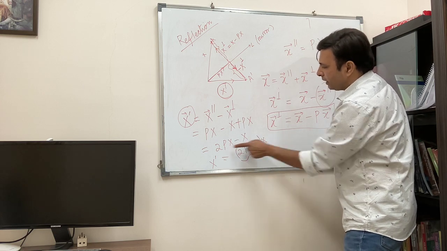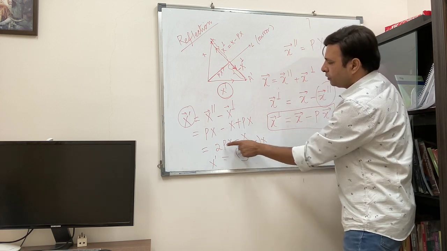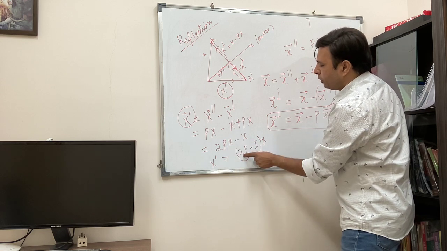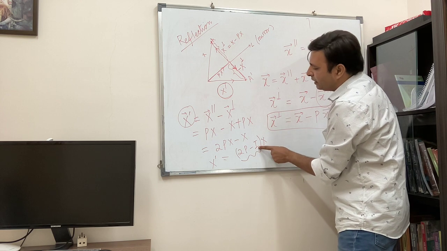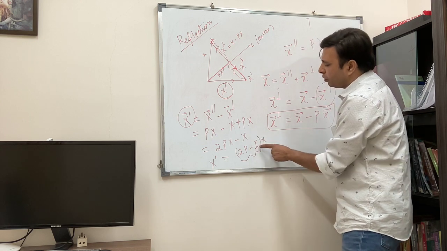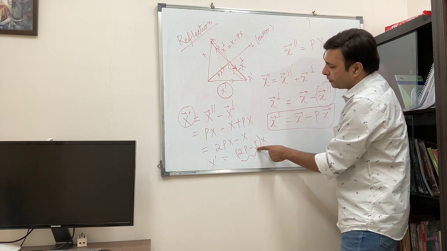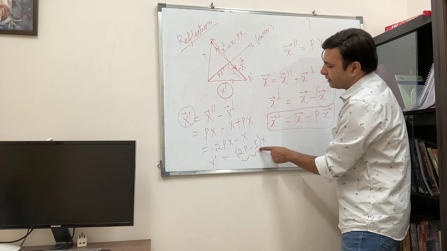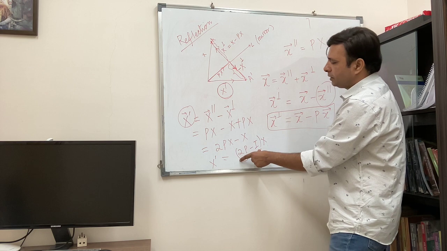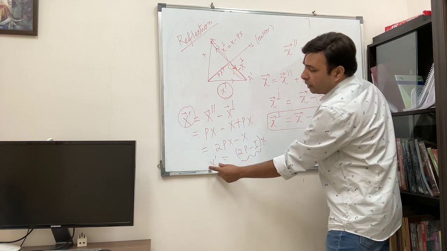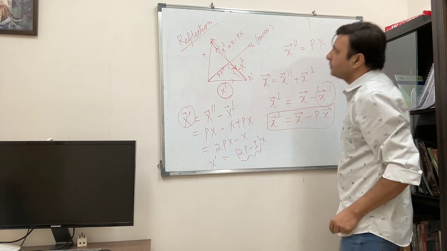And if I want to take x common between this and this, it will be 2p. If I take x common here, instead of 1, you will get an identity matrix, because if you take a vector common, you get an identity matrix there. So 2p minus I will be your matrix. With that matrix, if I multiply x, I'll get my x dash. That is the mirror image of this.